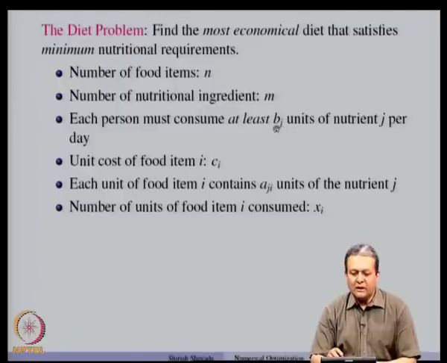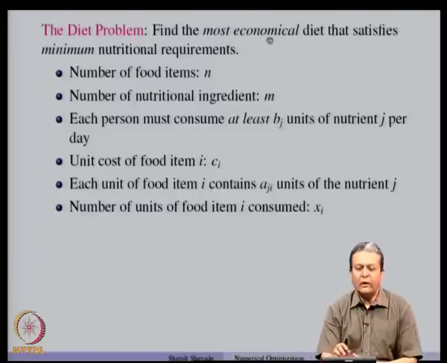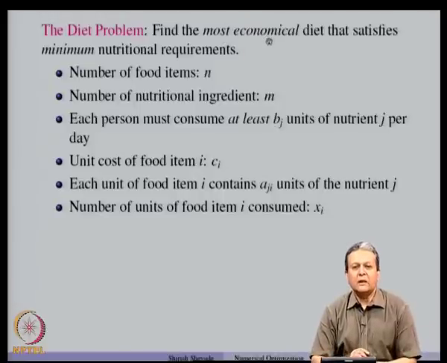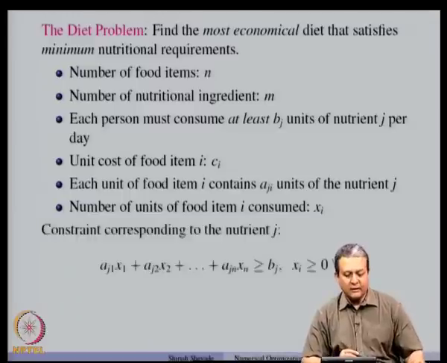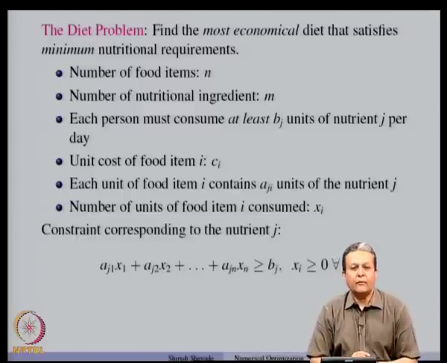This condition needs to be satisfied, and at the same time we want to find the most economical diet. If we consume Xi units of food item i and the unit cost of food item i is Ci, then what we are interested in is minimizing the cost. Let us see more about this problem.